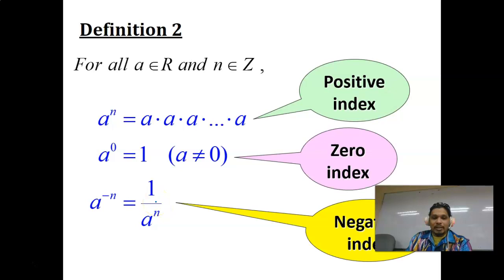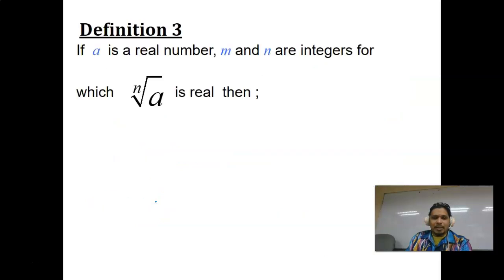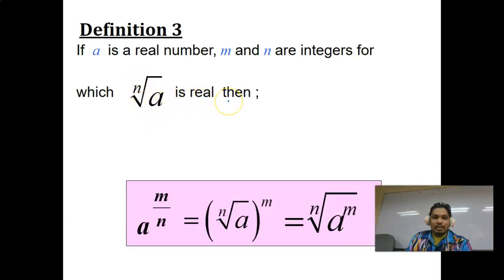That is the negative index. If a is a real number and m and n are integers, for which the nth root of a is real, then a to the power of m over n equals the nth root of a to the power of m.